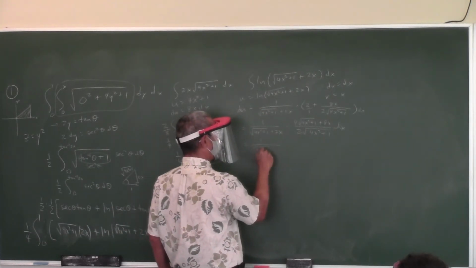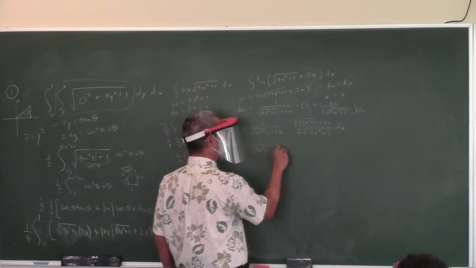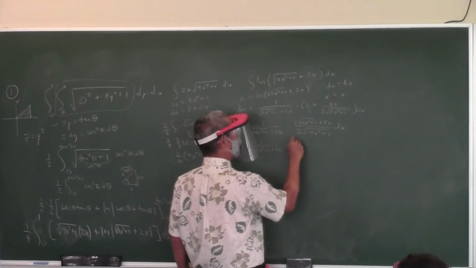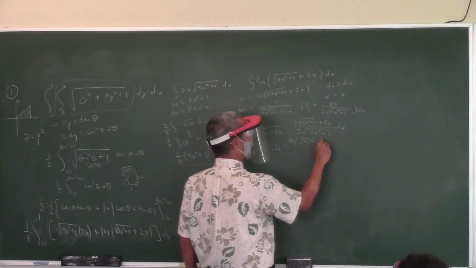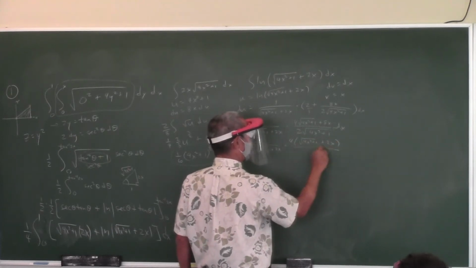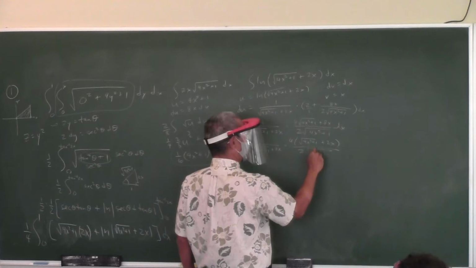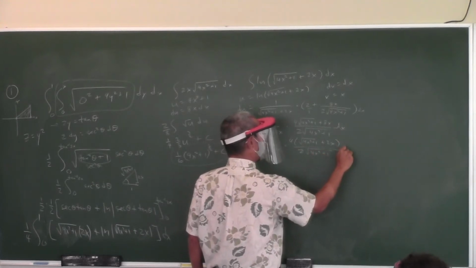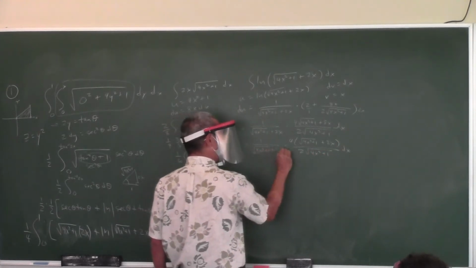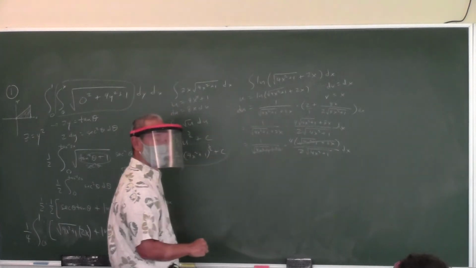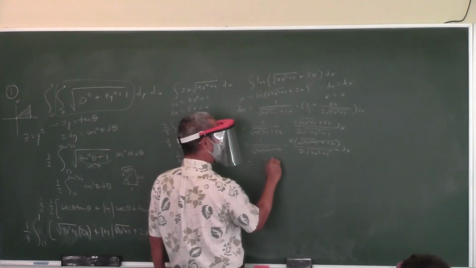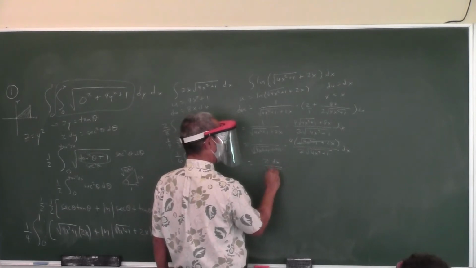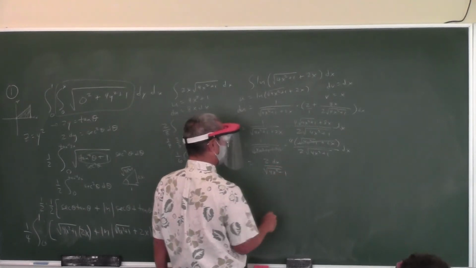Yeah, that's exactly what happened when we did the review. So you factor out a 4, you get root 4x squared plus 1 plus 2x, all over 2 root 4x squared plus 1 dx. But then, doesn't this cancel that? And that's the beautiful part of it. So you end up with 2 dx over root 4x squared plus 1.